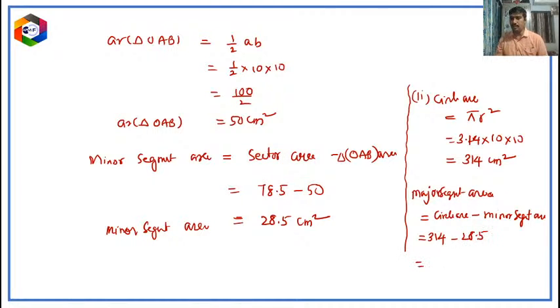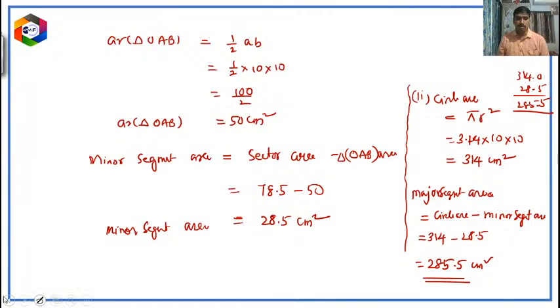Let us subtract here. 314.0 minus 28.5. 10 minus 5 is 5. Here 3 is left, 13 minus 8 is again 5. And here it is already borrowed, so 10 minus 2 will be 8. So 30 minus 2, so 28. So 285.5, which is 285.5 square centimeters. This is the major segment area.